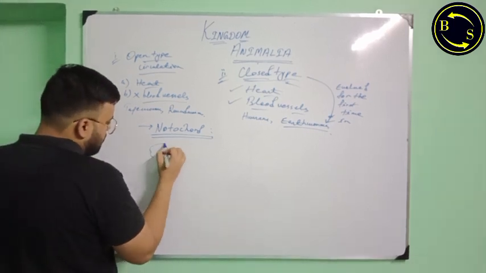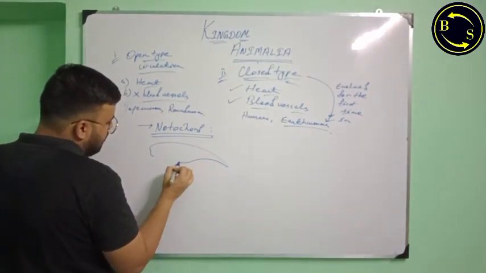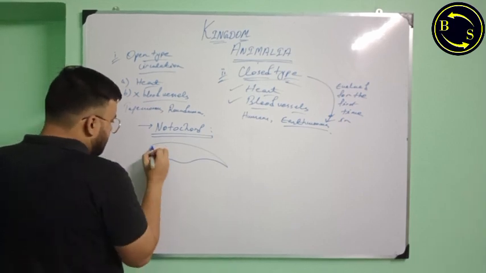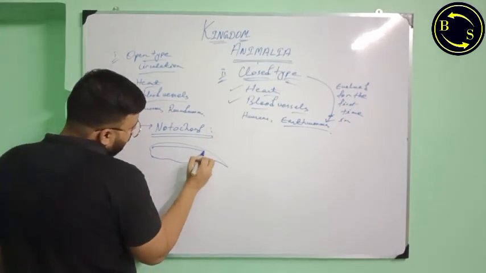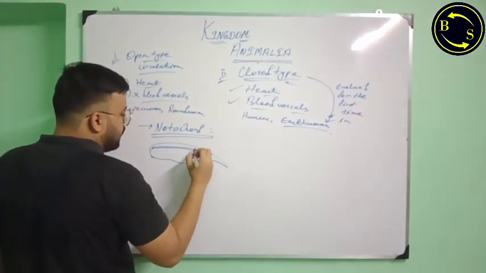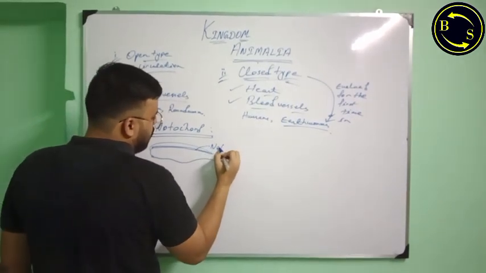Suppose this is an animal or the larva of an animal, and this is a tube-like notochord.